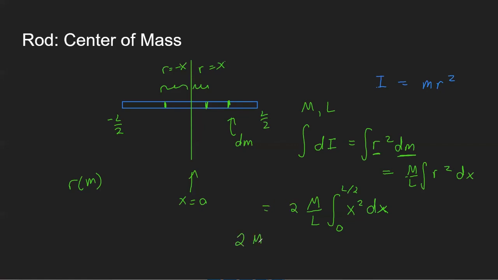So we have 2m over L, x cubed over 3, evaluated from 0 to L over 2, which gives us 2m over L times L cubed over 3 times 8. And so finally, we end up with our answer, which is that our moment of inertia is 1/12 mL squared.